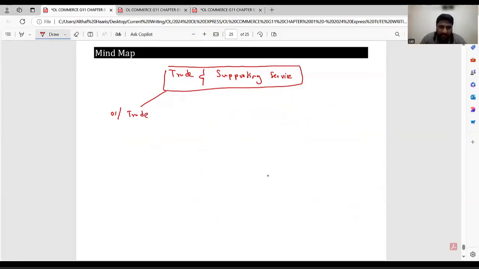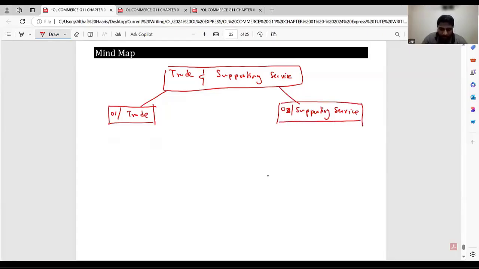Areas: one is trade, other one is supporting service. Trade, people, we focused on two areas.